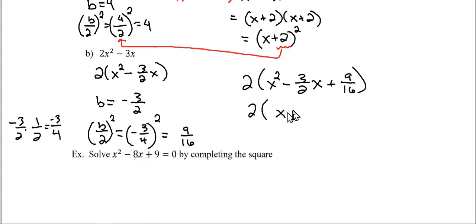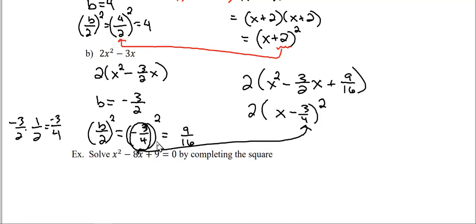And that factors into x minus 3/4 quantity squared. Again, noting that that negative 3/4, sometimes it's harder to see how that factors when you've got fractions in there, but it's always going to be what's inside here that goes there.